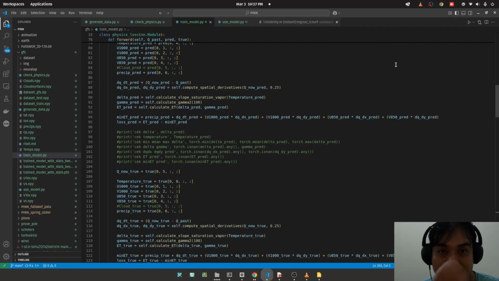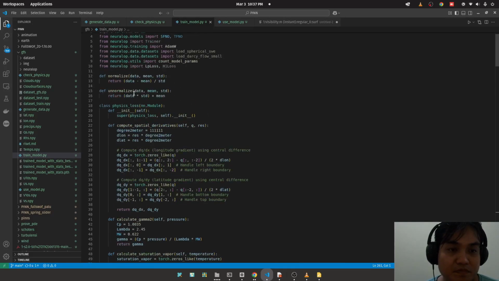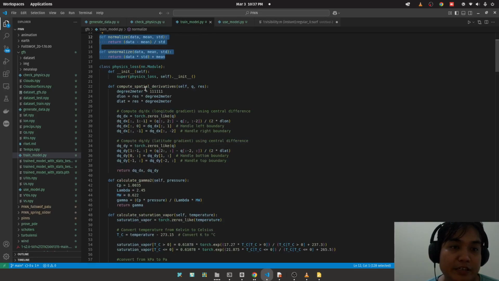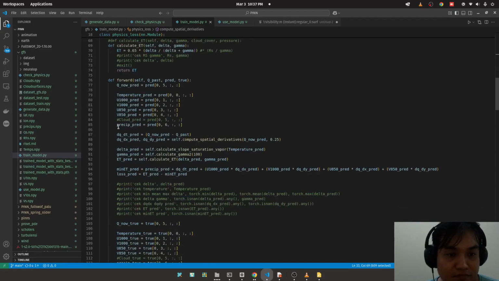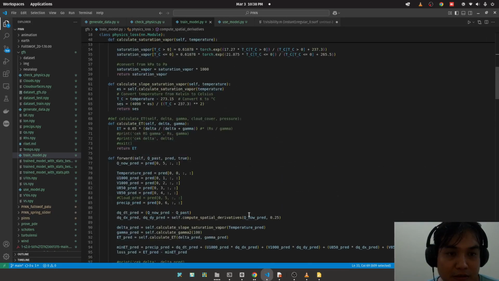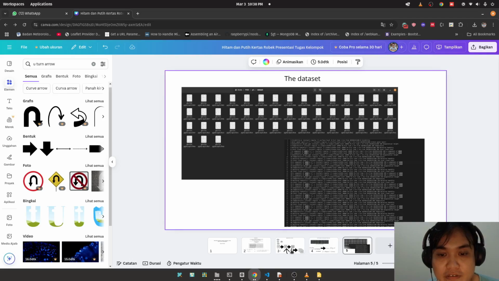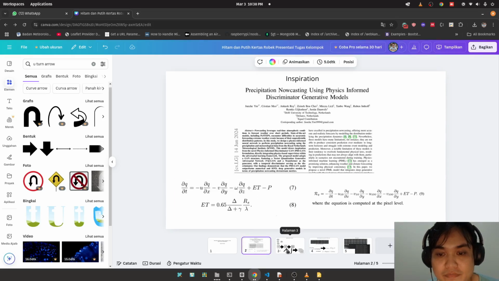Here, this is the training script. Here, this is just normalization and unnormalization. This is the physics loss function. Nothing special. And I've just applied the function in here.